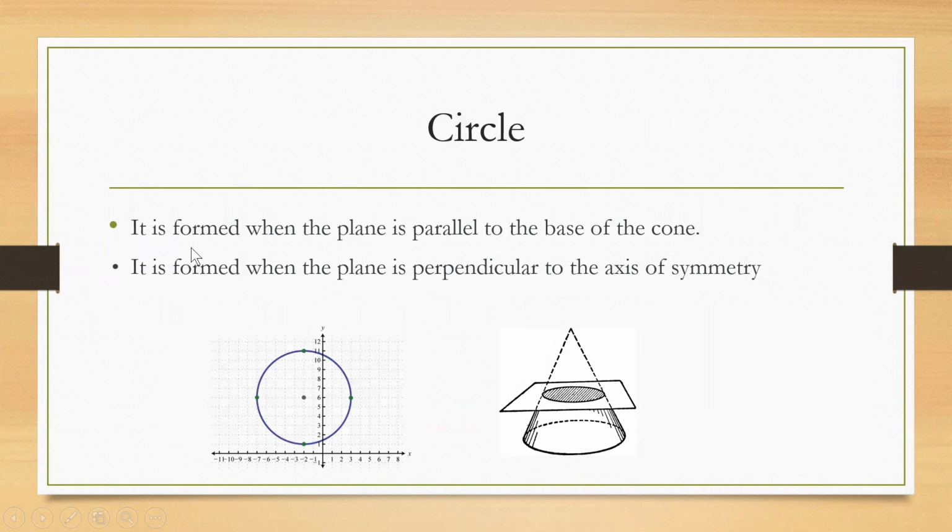Circles are formed when the plane is parallel to the base of the cone, or in other words, when the plane is perpendicular to the axis of symmetry. In the module, the second definition is being used, so we will stick with that. Again, it is formed when the plane is perpendicular to the axis of symmetry.